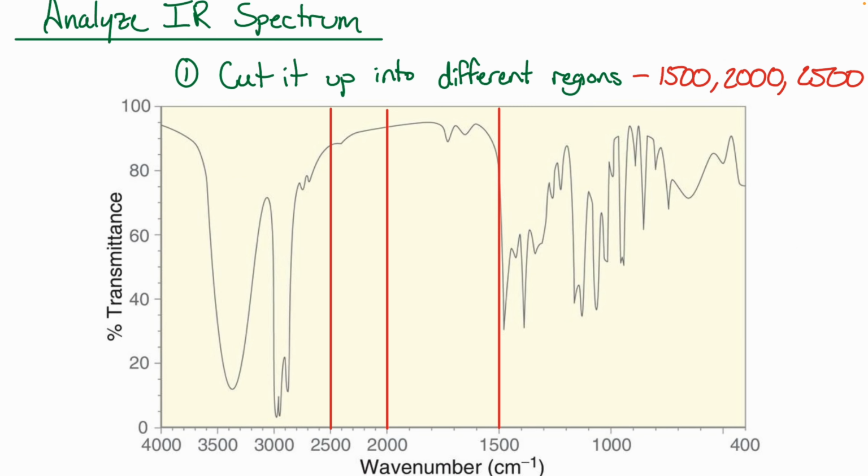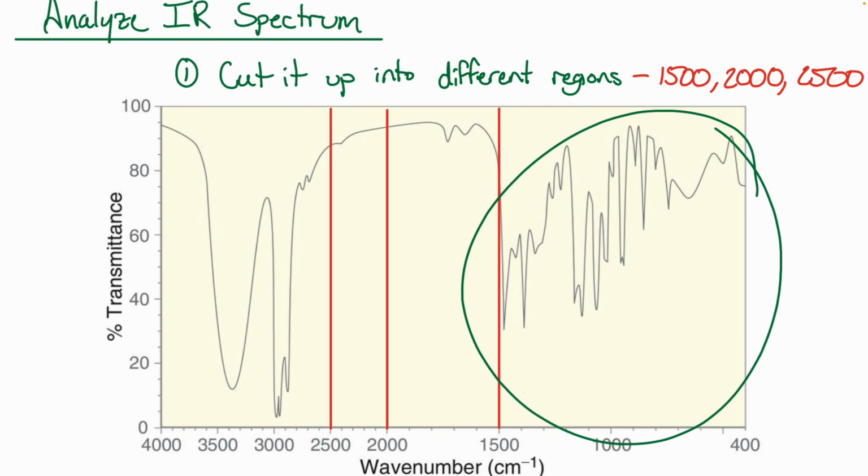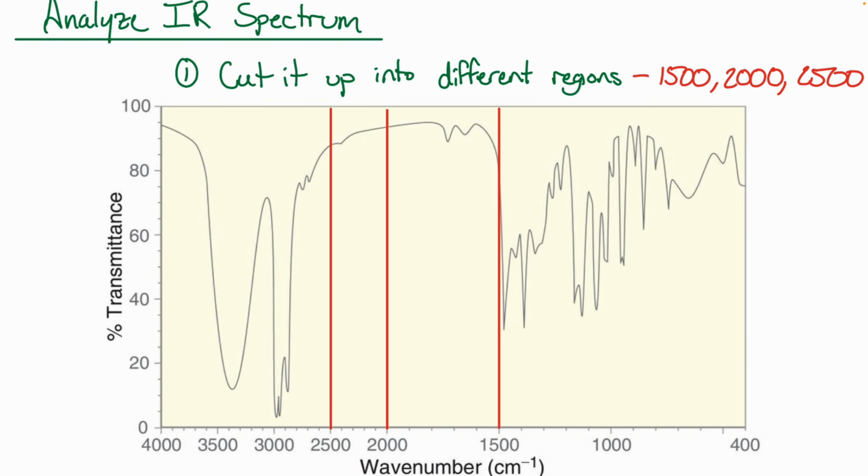This first one here, all the way at our lower frequencies, these were our single bonds. Our next region up were our double bonds, then our triple bonds, and then lastly our something with H portion of our spectrum.